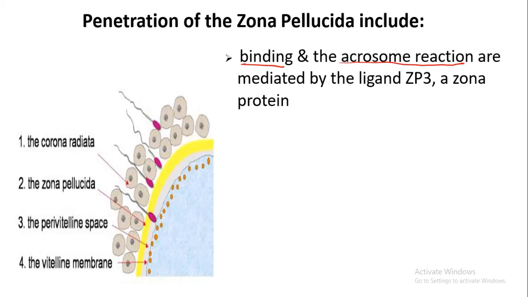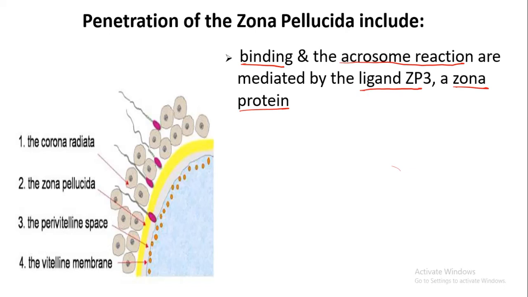The seminal vesicle proteins have been removed from the membrane. Now, the zona pellucida will release the zona proteins. So, this process of acrosomal reaction is mediated by what we are calling the ligand, of which the type is ZP3, and also the protein.